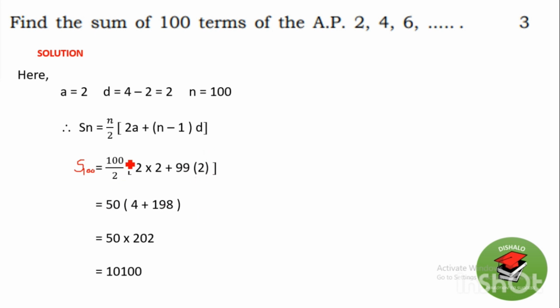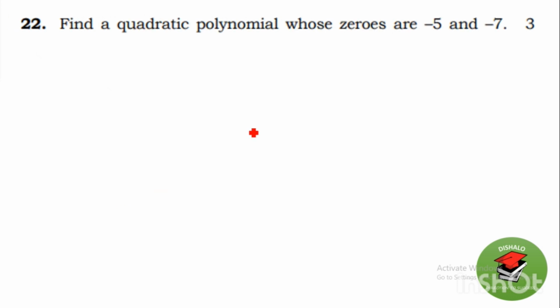So 100 divided by 2 is 50. 2 2s are 4 plus 99 into 2 is 198. When you add this, you get 202. So 202 into 50 is 10100. Okay. Next sum. Find a quadratic polynomial whose zeros are given.